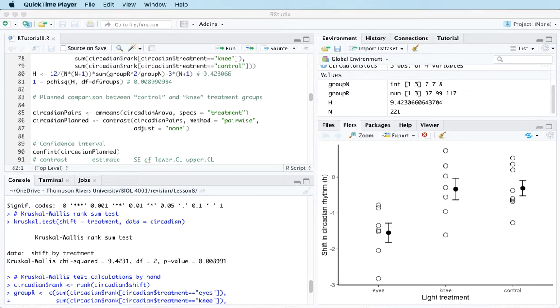But what we haven't addressed yet is which treatment means are different from each other. And so that's what we're going to tackle in this video.